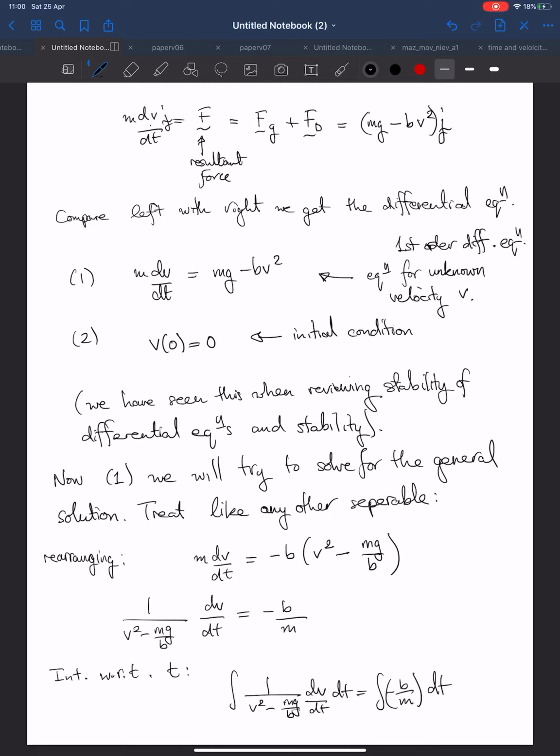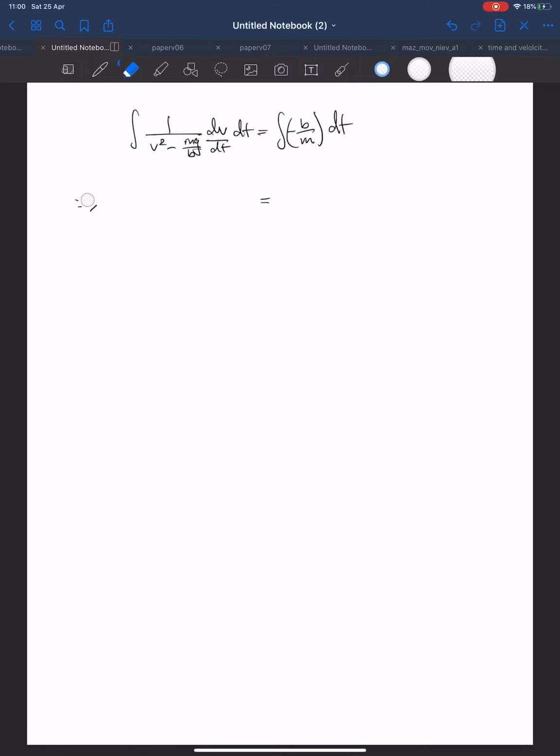Of course, minus b over m is just a constant. So now I'm going to do some straightforward things with this integral, and then we'll talk about what we need to do with the left-hand side. So, of course, right-hand side is now minus b over m t plus an arbitrary constant of integration.